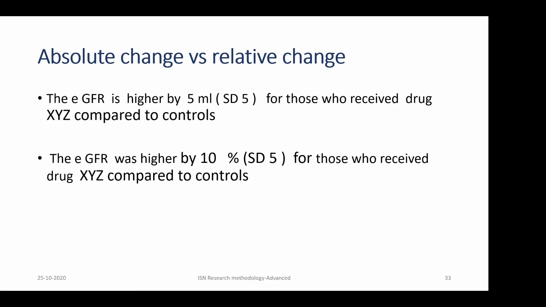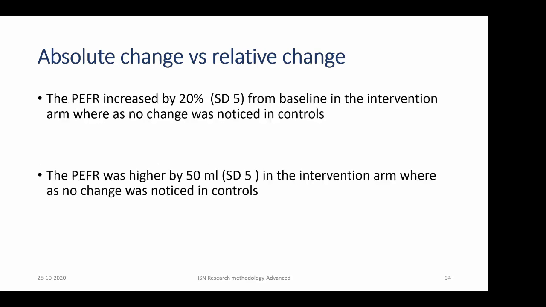Definitely the first one, because that is what we are familiar. But there might be another clinical scenario where you are giving an intervention and seeing the peak expiratory flow rates. The PEFR increased by 20% from baseline in the intervention arm, whereas no change was noticed in control. And you can tell that the PEFR was higher by 50 ml in the intervention arm, whereas no change was noticed in the control.